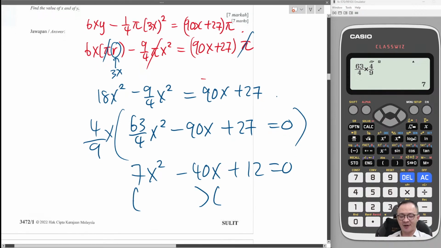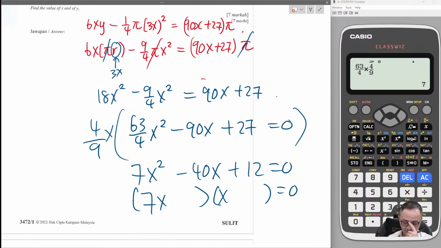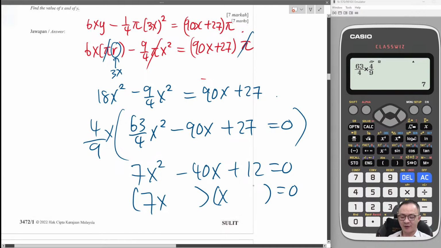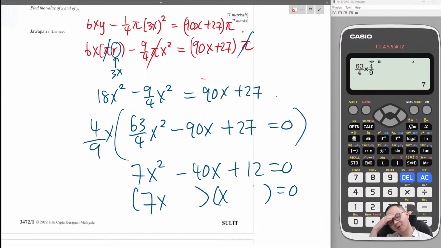Alright, then let's factorize it again. This is 7x. This is x. Cannot. This is positive 4, 28, 6, 42.